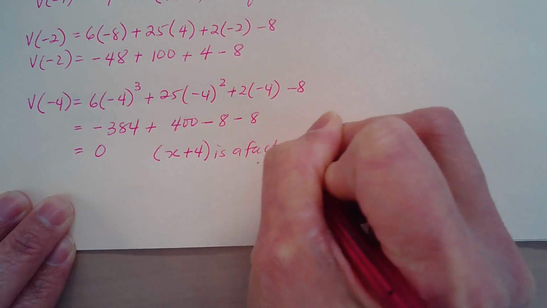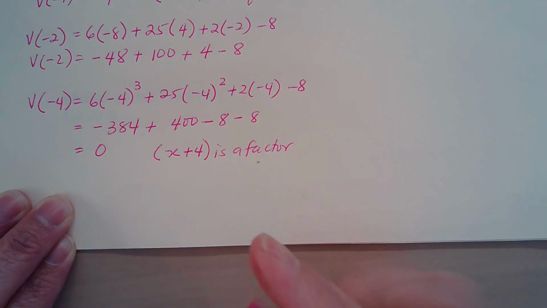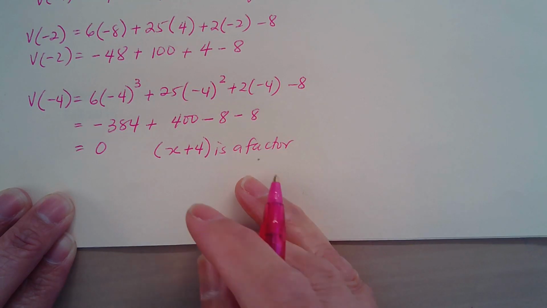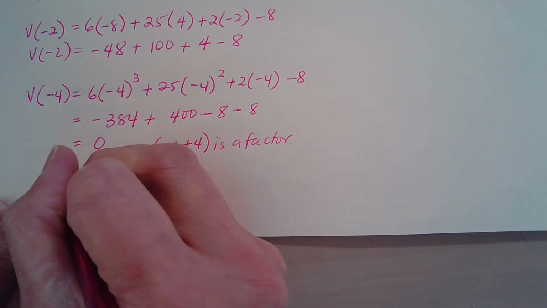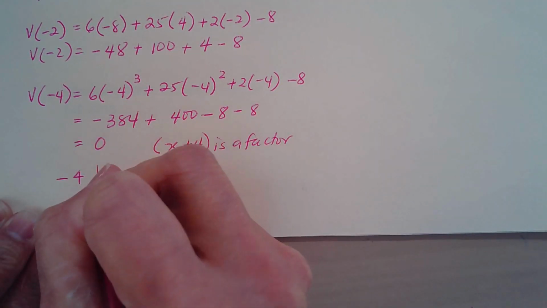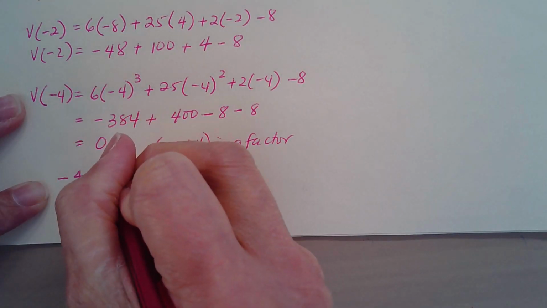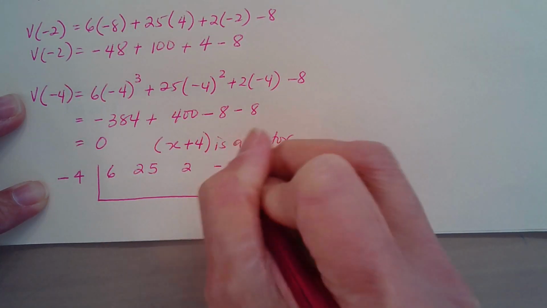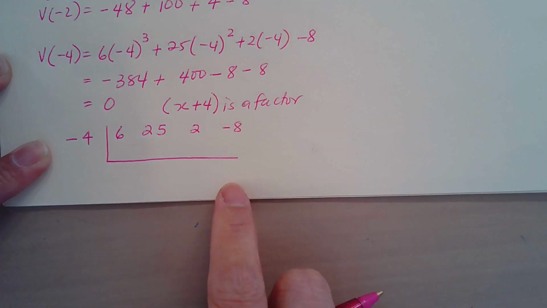Now that we found one factor, what are we going to do next? I'm going to do the synthetic division, right? So what does the synthetic division look like? 6, 25, 2, -8. Go ahead and try that one. Remember it's already a 0 remainder, so it has to be 0 at the end.